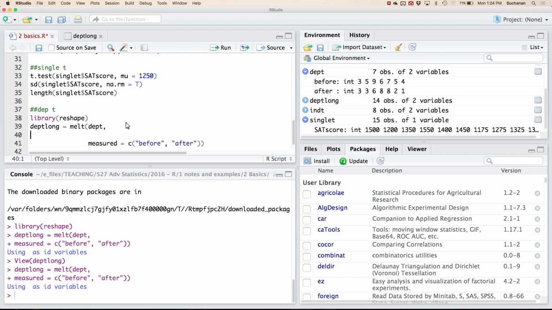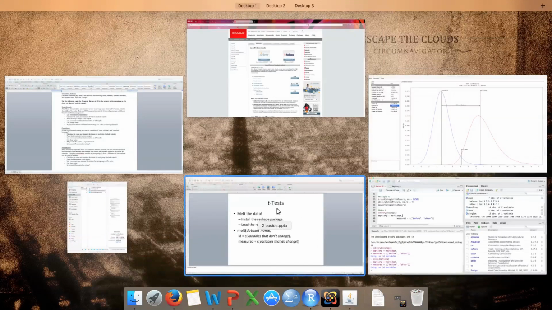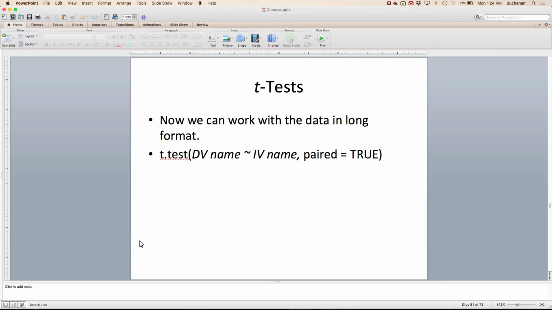Nice. Once we get into code that's going to have lots of lines, this will help. Did that answer your question? Yes. Okay, good.